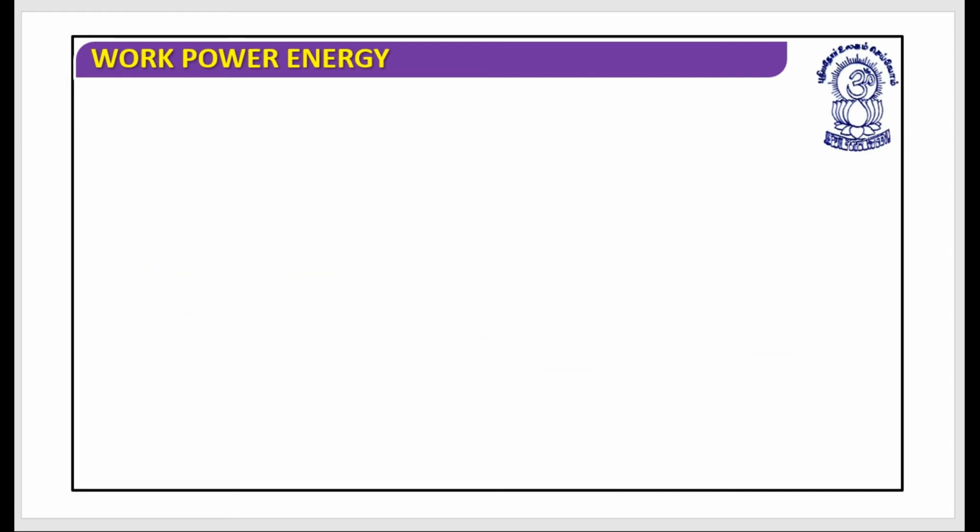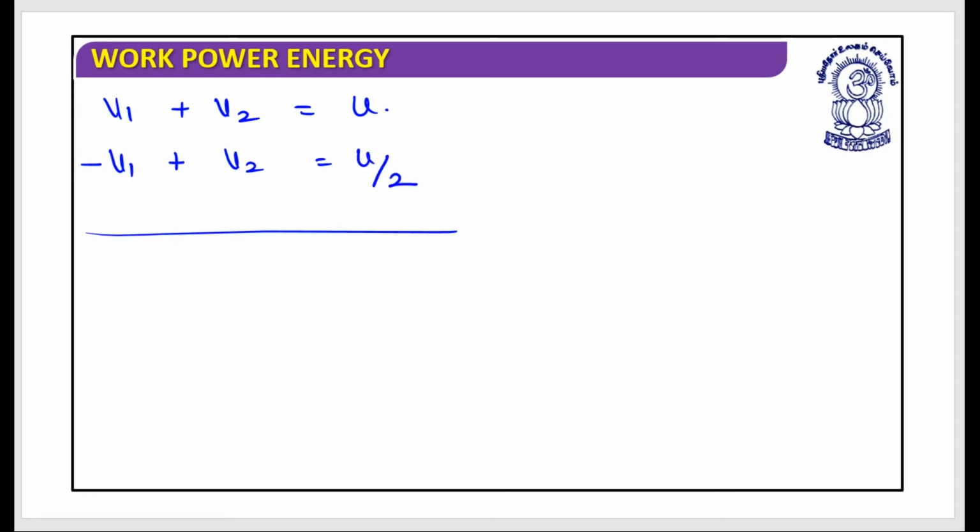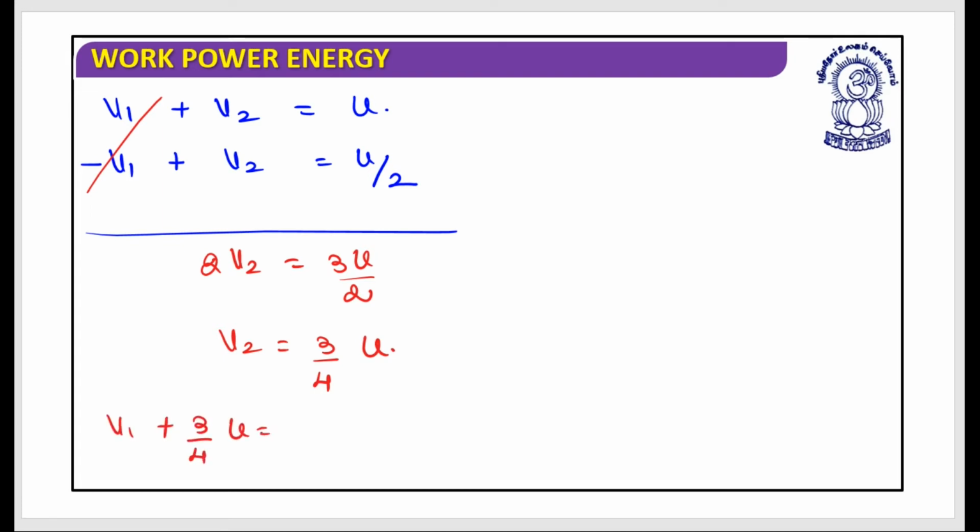Let's just solve it and try to get the answer. The first relation says v1 plus v2 equals u, and the second relation says minus v1 plus v2 equals u by 2. If I solve this, v1 is cancelled. So v2 plus v2, that is 2v2, equals 3u by 2. So v2 equals 3 by 4 of u, and v1 can be calculated: v1 plus 3 by 4 of u equals u.